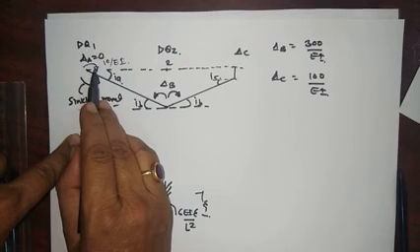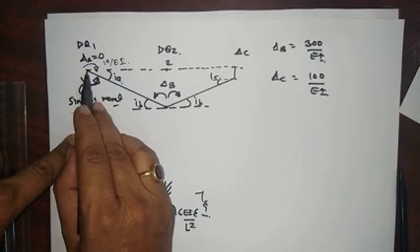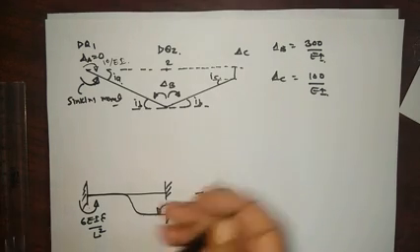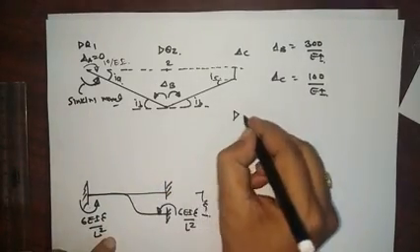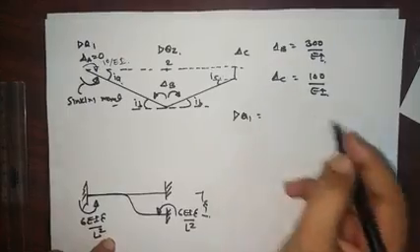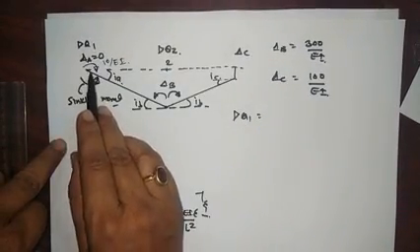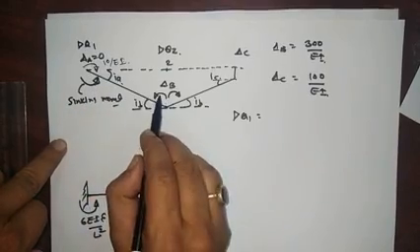So here is the initial rotation at this one, that is our dq1. Now here dq1 is the slope developed at 1 due to the sinking of support.